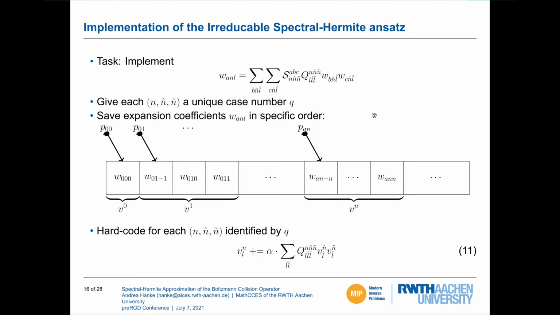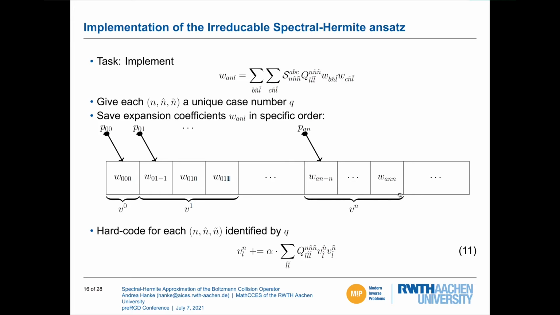So the task is to implement the multiplication and sum over all these coefficients here. We start by giving each triple of n's a unique case number. Let's call it Q. And then we save the expansion coefficients, which really just form a vector, in a very specific order. We group them by the L index.